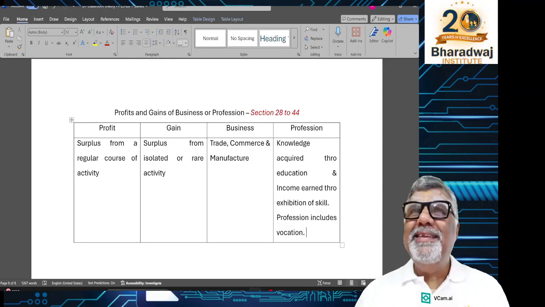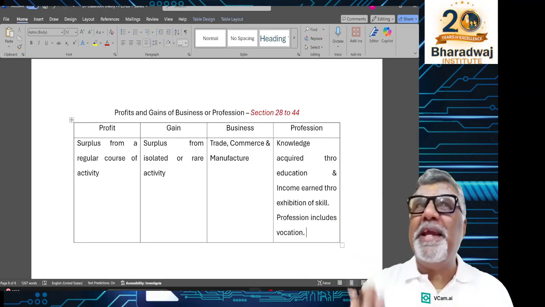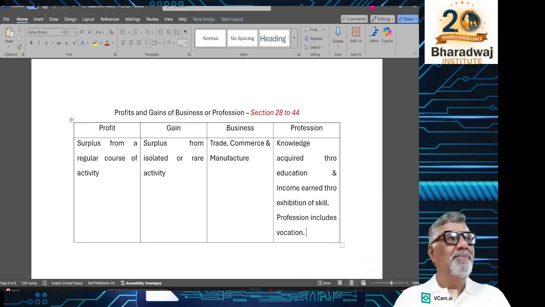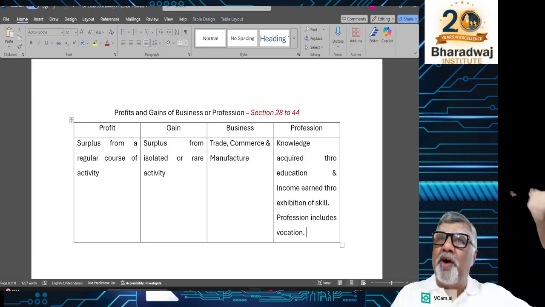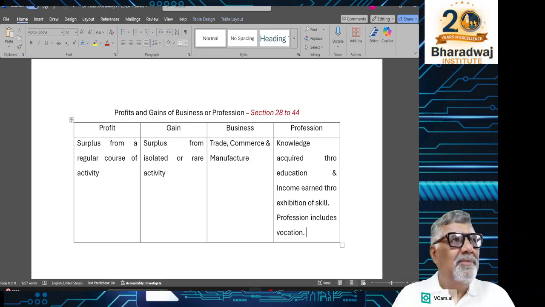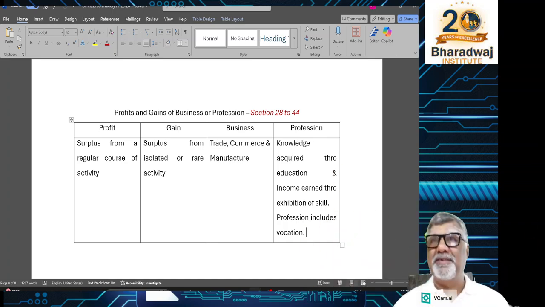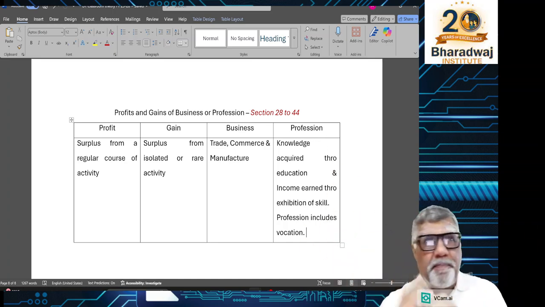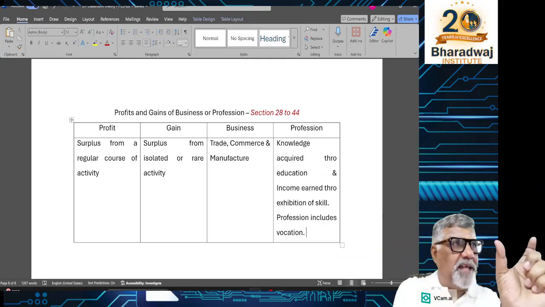Now you learn. There are only two sections which speak about income, section 28 and 41. 41 speaks about deemed income, supposed to be business income. And the major chunk of sections will speak only about expenditure. So the eye of the department is more on expenditure than on income.